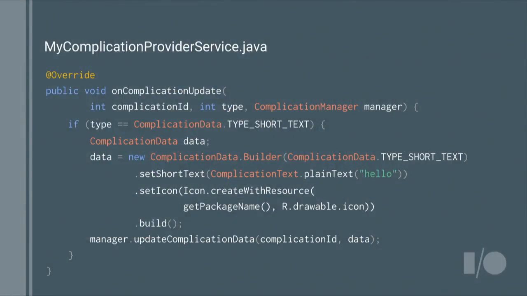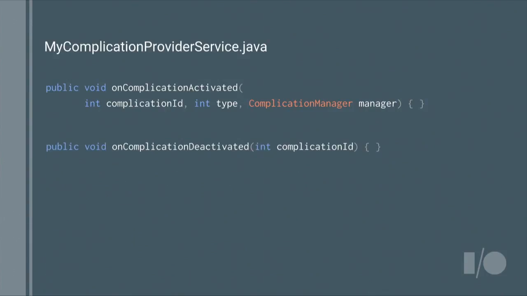OK, so that completes the complication data object for this example. All you need to do next is send that data to the system, and you do that using the complication manager object, which is passed in as a parameter to onComplicationUpdate. OK, there are two other methods that you can optionally implement.